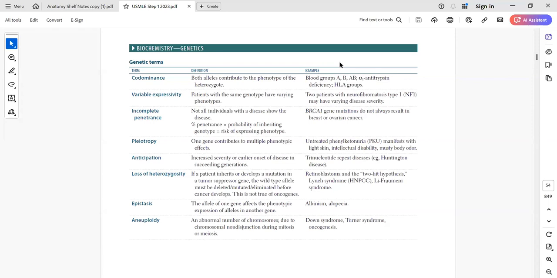They're expressing variable expressivity. Now, from the exam point of view, I'm just going to tell you guys one thing. This right side of the table is your go-to. If you remember this, you don't even have to worry about the rest. The cases in UWorld would be from the examples in this table. For instance, NF type 1, NF type 2.